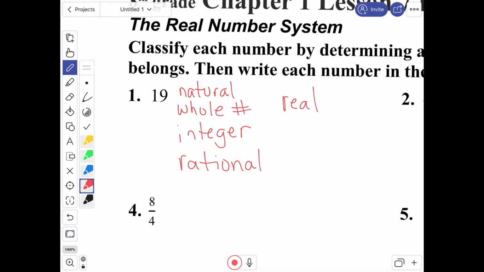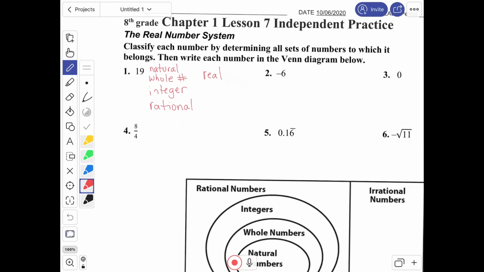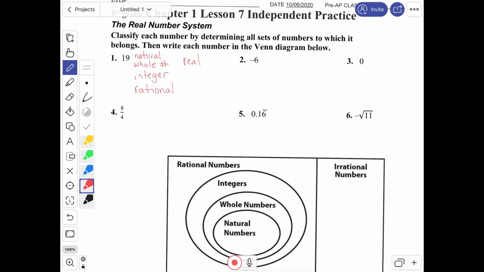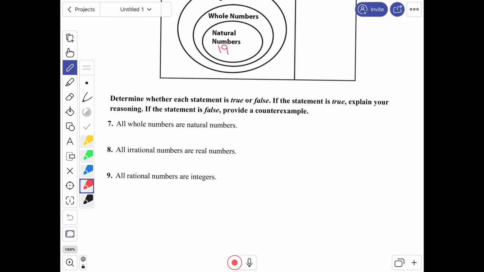And if it's a rational, it's also real. So you have to list all of them in number 1. Then write each number in the Venn diagram. So 19 would go in the smallest circle. I'm only writing it once. I'm not going to write 19 in all the categories. It goes in the smallest circle. If it's inside the smallest circle, then it's inside everything. And you're going to do that with all the first 6 problems.